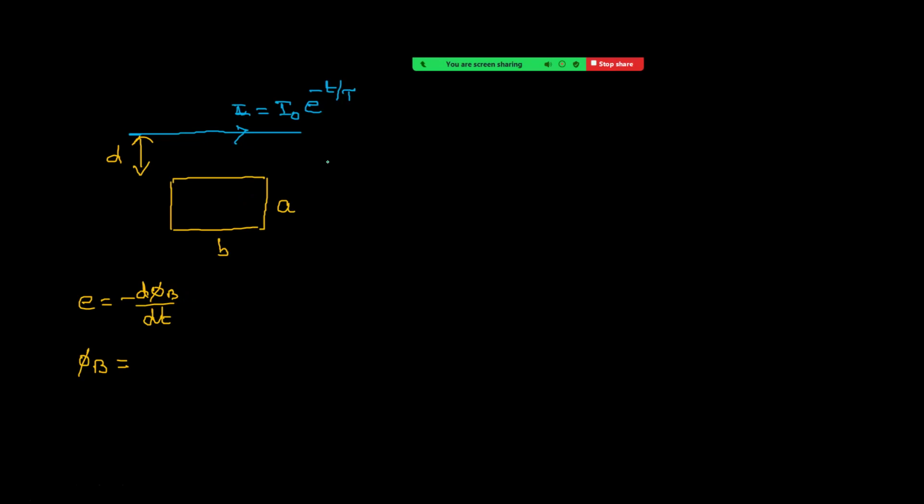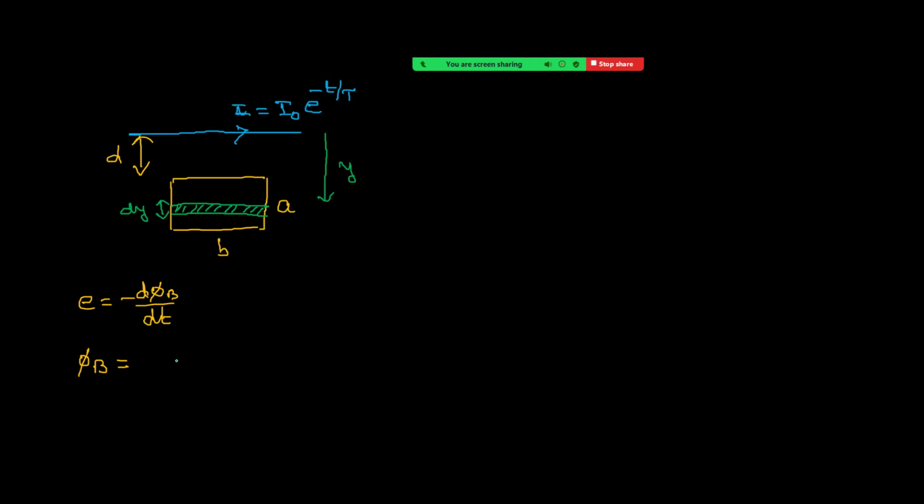That's why I'm taking here, at a distance y from the wire, one rectangle of thickness dy. This is one rectangle. Now in this rectangle, in this area, we can take the field as uniform because dy is very small.